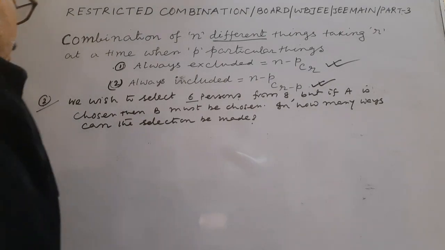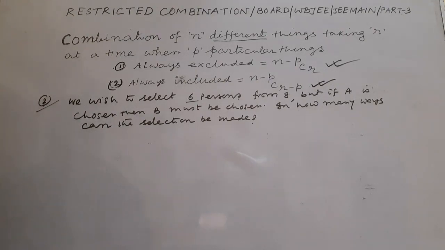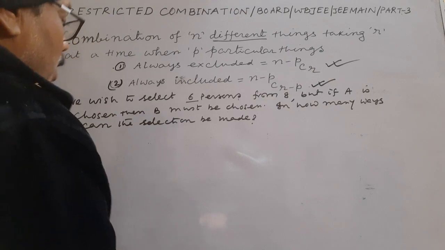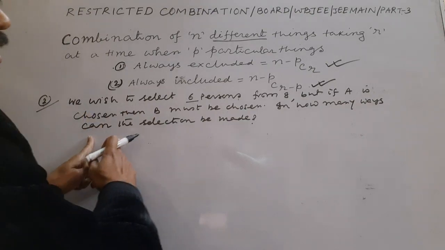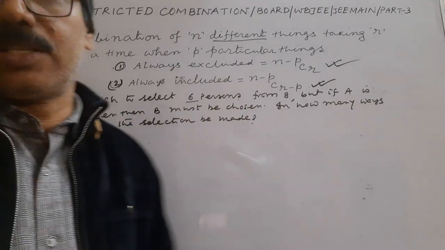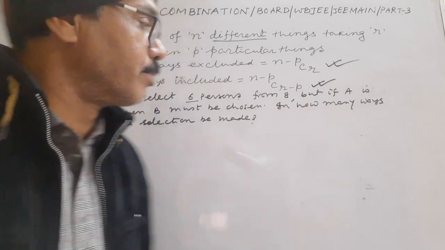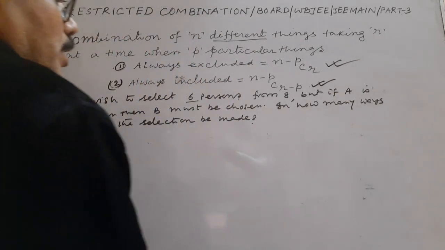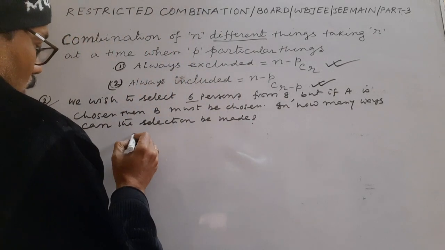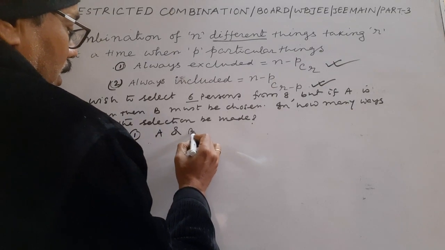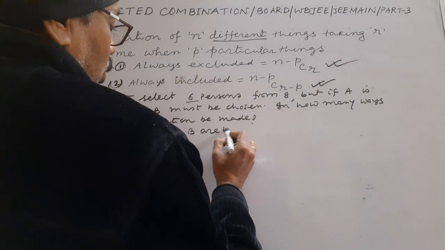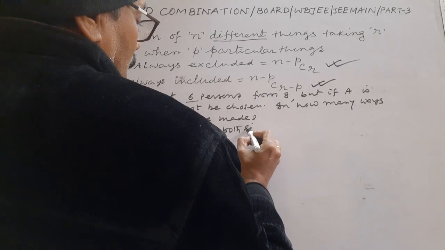Out of 8, you have to select 6 at a time, and there is a restriction. What is the restriction? If A is selected, then B must be selected. So, look how many cases there may be. Number 1, A and B are both selected.